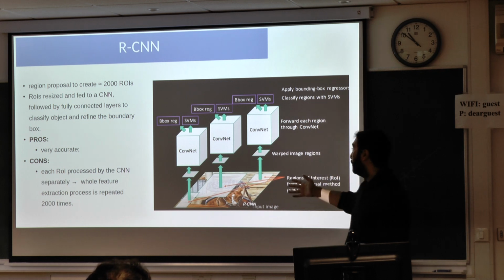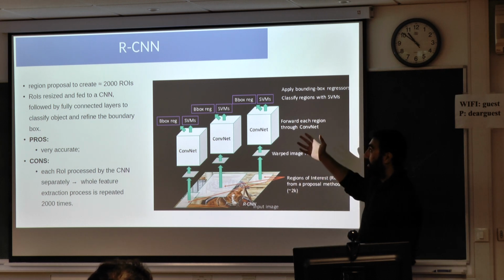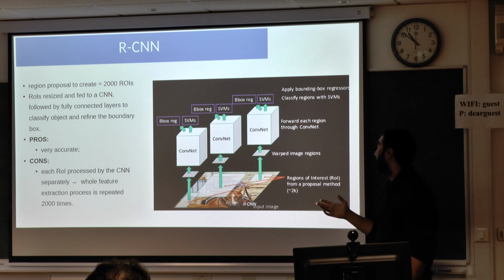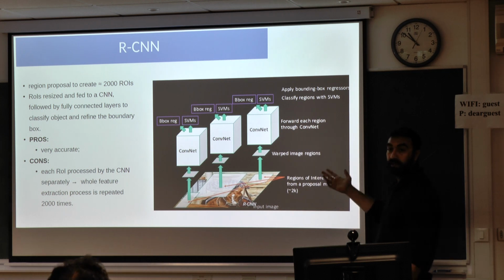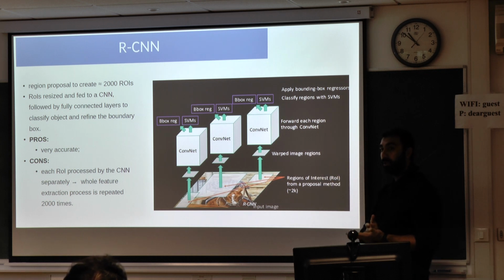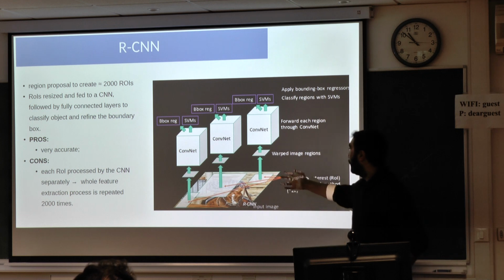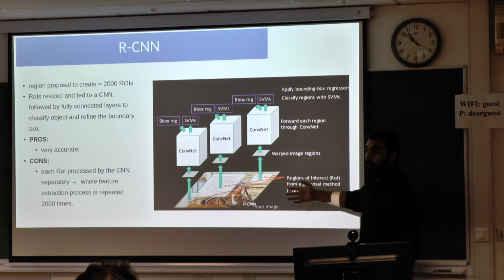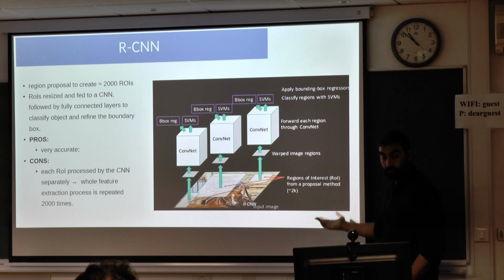In general, you produce many proposals, in the order of thousands of them, and you feed all of them to a convolutional neural network, after which you have a fully connected layer for the actual classification and to refine the localization of the boxes. Now, the method is really accurate, but you can immediately spot the problem here. You are extracting the features thousands of times for each image, which makes everything incredibly slow.